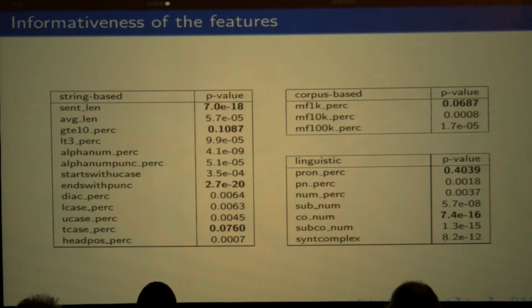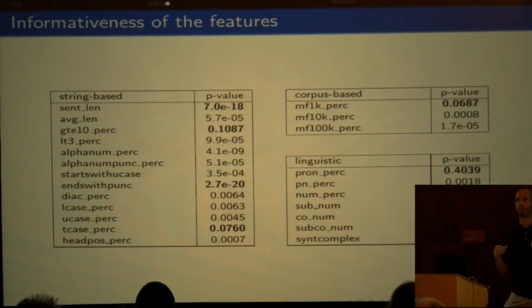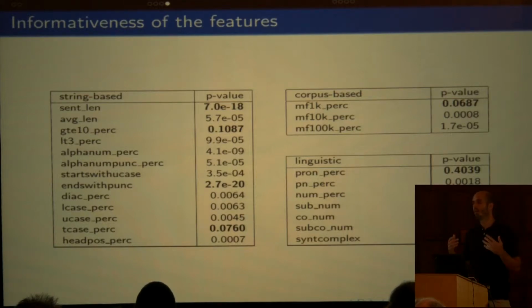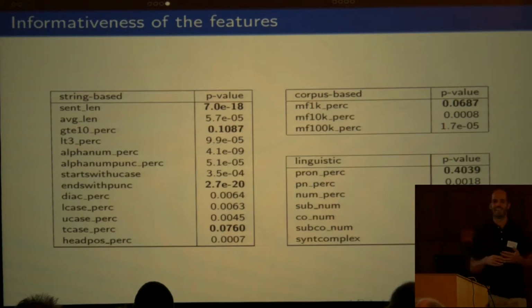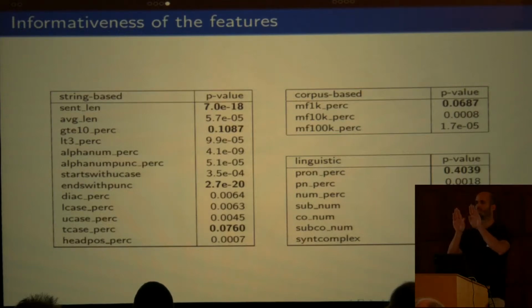So we report here the p-value, which is actually the probability that the difference between the good and the bad examples regarding this variable was seen by chance. So we want the p-value to be as low as possible. And if it's over 0.05, which is more or less a consensus, then you can be really afraid that maybe the difference in these two distributions was happening by chance.